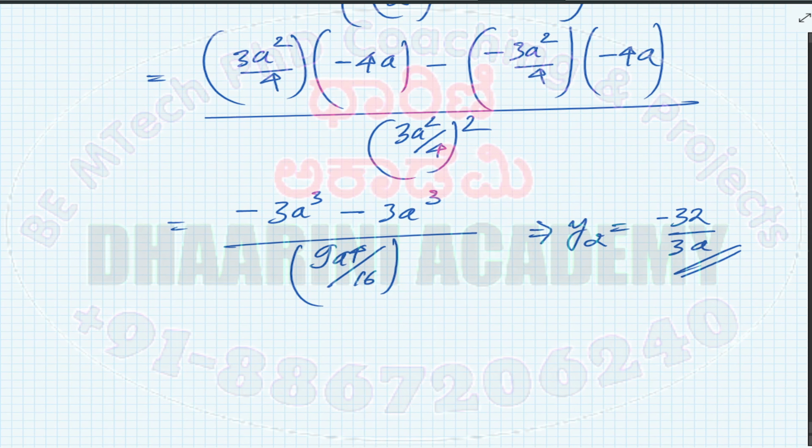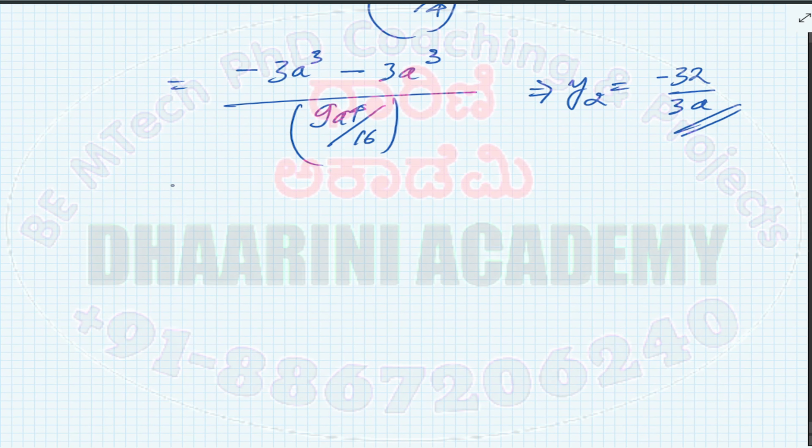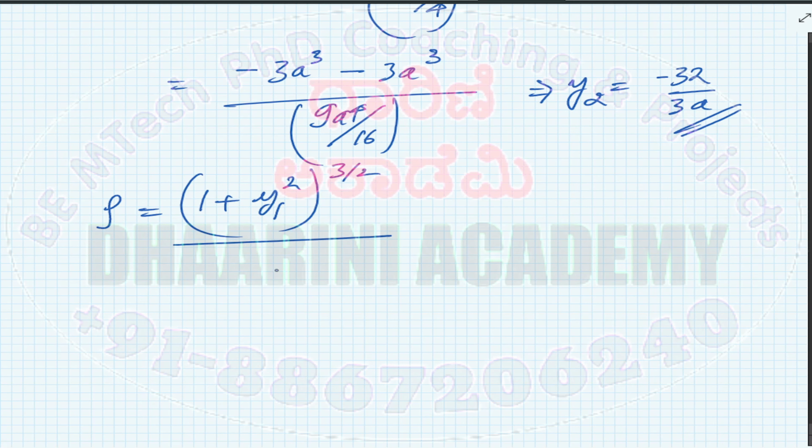So the final step here is to calculate this. Therefore rho is equal to, this is 1 plus y1 square whole to the power 3 by 2 divided by y2.